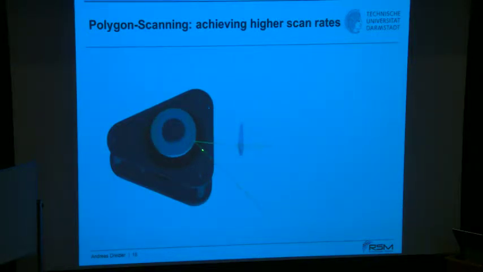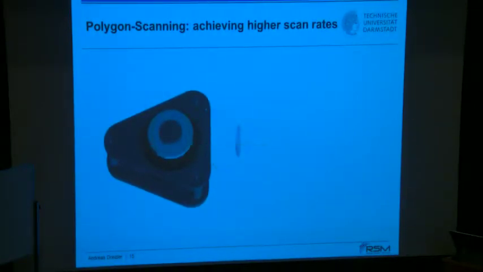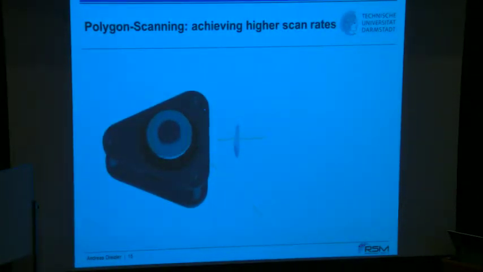And then you use a high-speed laser, and while the polygon is moving, the angle between this facet and the incoming beam is changing, and thereby you can see how the scanning is obtained. Afterwards, you have, of course, again collection optics that is then parallelizing that beam, and later on you focus it into your region of interest.